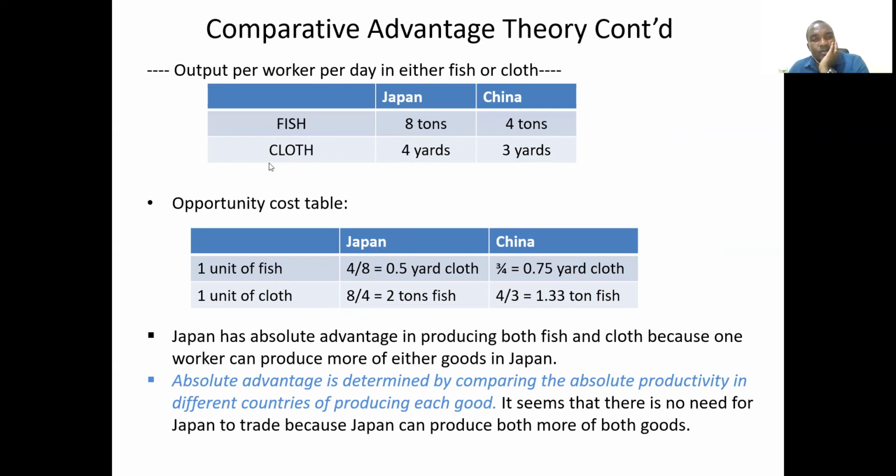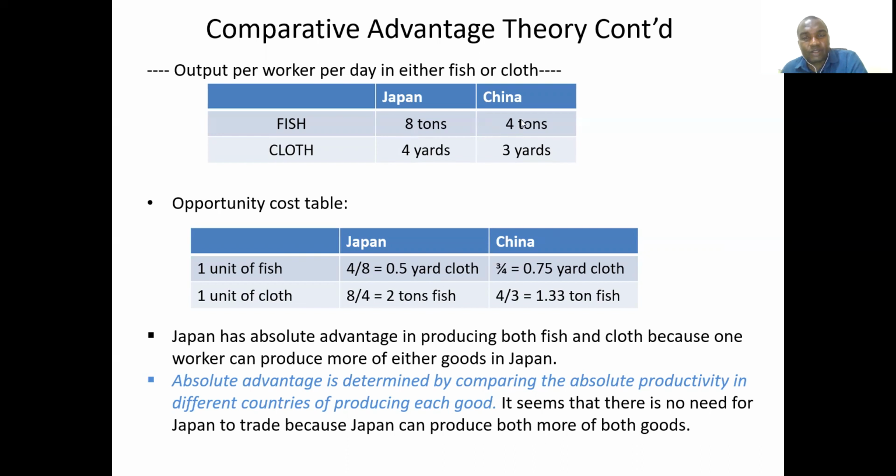And then we go to cloth. We do the same thing. We take 8 tons as the numerator, 8 tons of fish over 4 yards of cloth. We divide the yards of cloth exhaustively into the tons of fish. So 1 yard of cloth, which is 1 unit of cloth, is equivalent to 2 tons of fish.